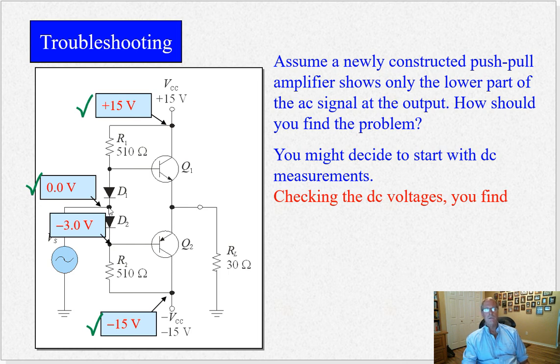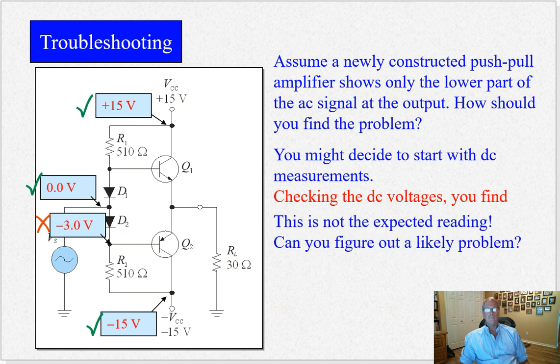Because D2 is a diode. So this is 0 volts going down through the diode to the cathode. You should get, what, minus 0.7 volts sitting here in order to bias Q2 on, or almost on. So that's the problem, D2 is a bad diode, okay?